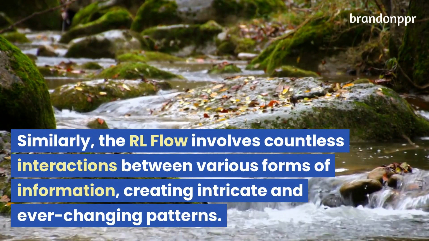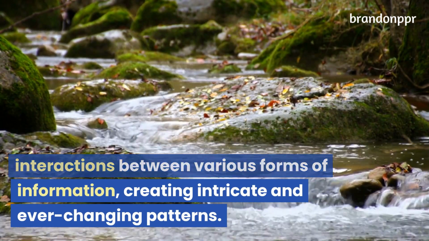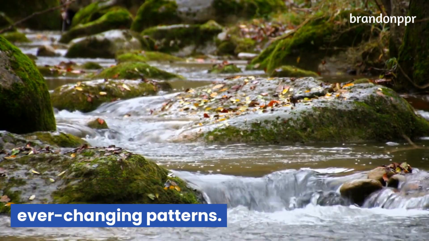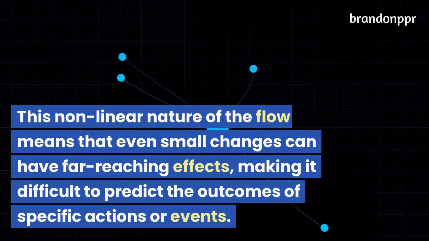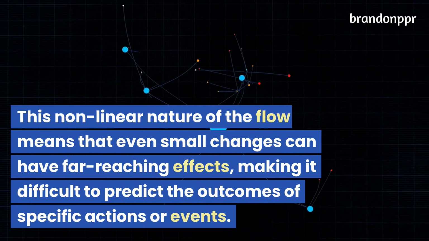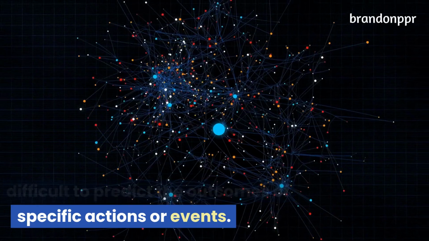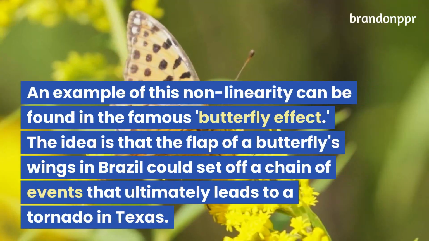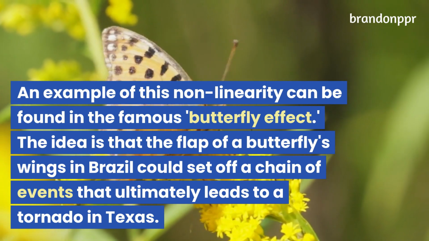Similarly, the RL flow involves countless interactions between various forms of information, creating intricate and ever-changing patterns. This non-linear nature of the flow means that even small changes can have far-reaching effects, making it difficult to predict the outcomes of specific actions or events. An example of this non-linearity can be found in the famous butterfly effect.